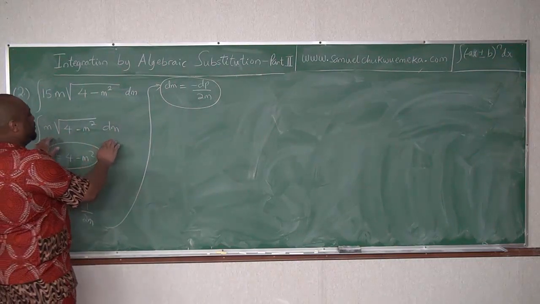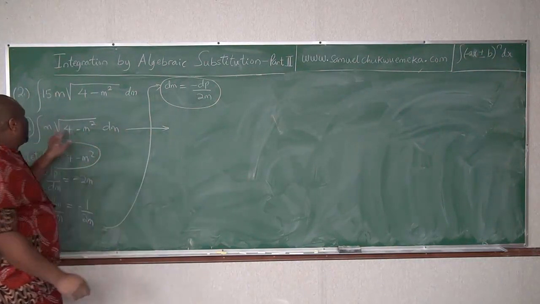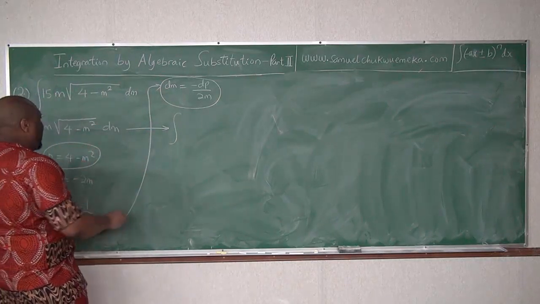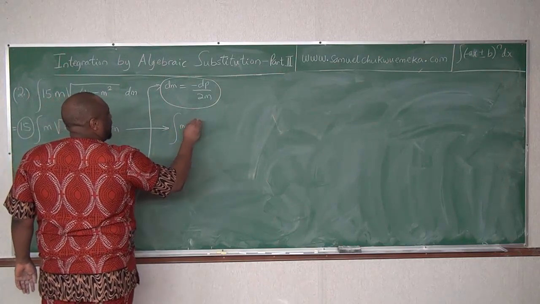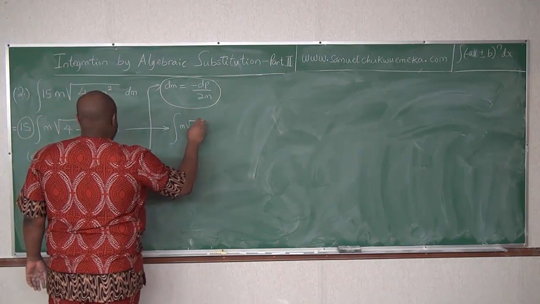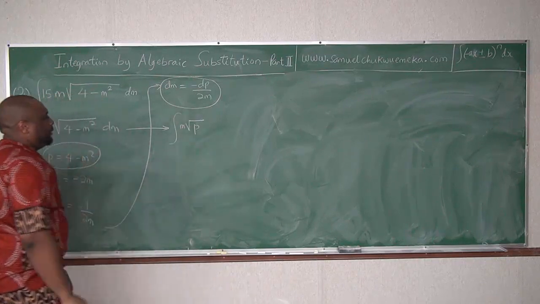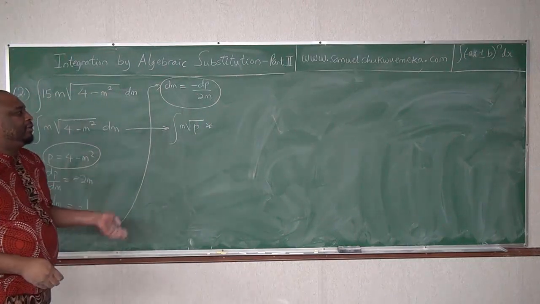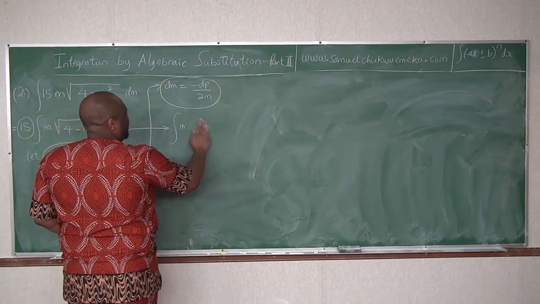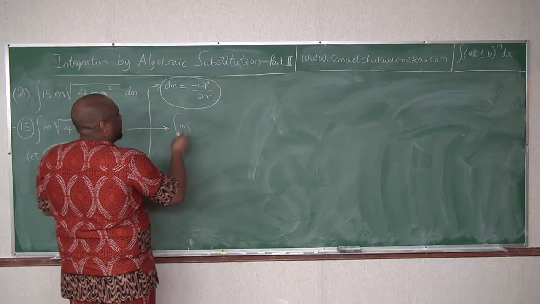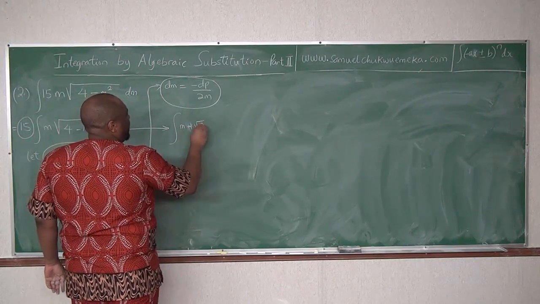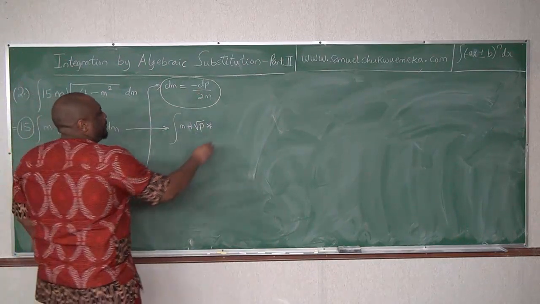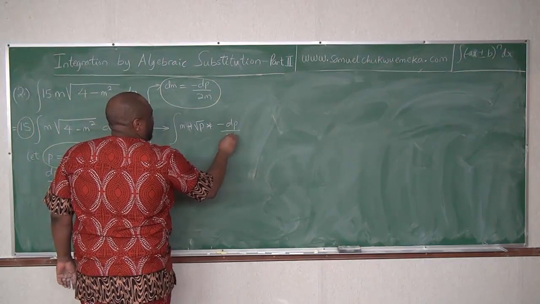So this right now would be the integral of m times the square root of P. Some people will say, why did you erase times? Okay, let me just put it: m times square root of P times dm, and dm is negative dP over 2m.